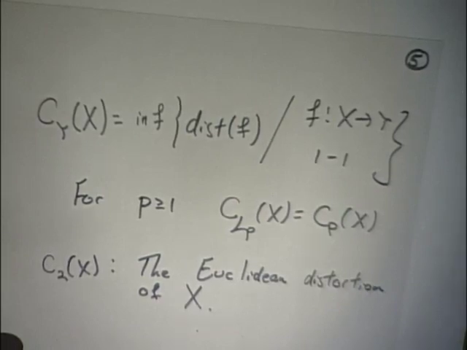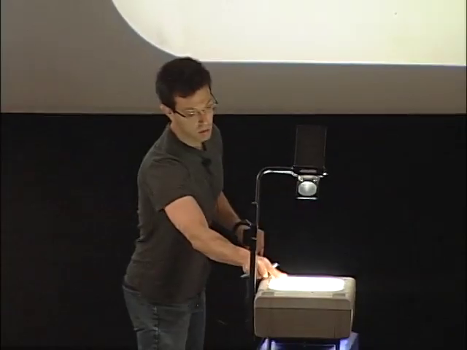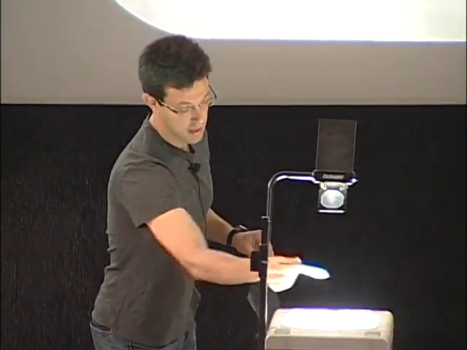It's called the Euclidean distortion of the metric space X. This is the best way that you can represent X as a subset of Euclidean space without caring about dimension, just infinite dimensional Hilbert space. So this is a number which measures how far away this abstract geometry is from Euclidean geometry.